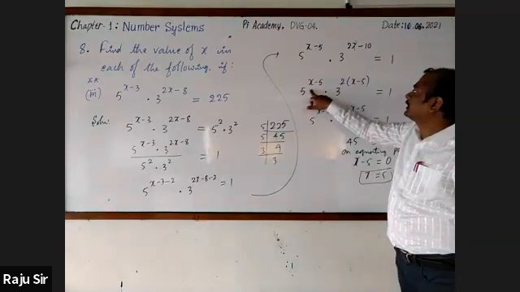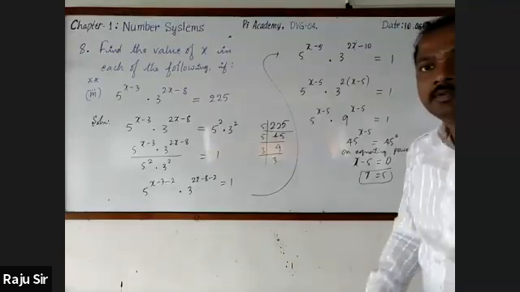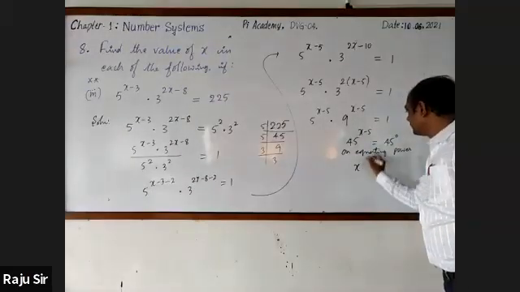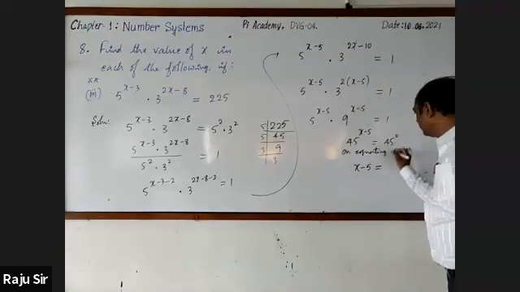Then x minus 5 is taken as common factor. The power is x minus 5 is equal, here power 0.